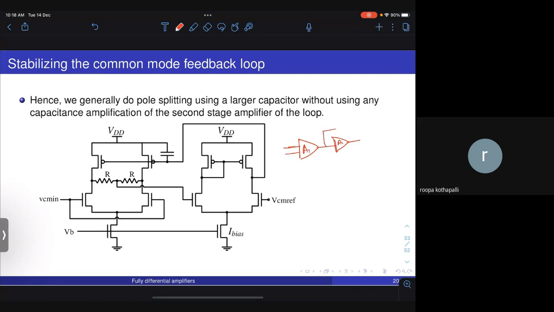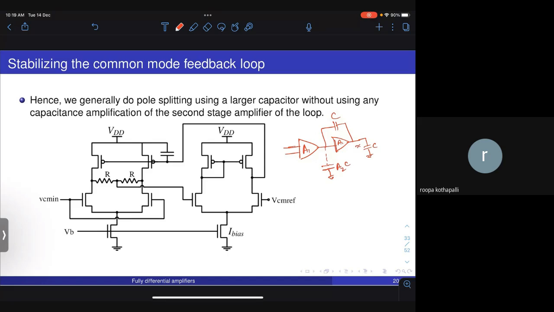Normally for two-stage op-amps we use a Miller capacitor. What a Miller capacitor does is, if I put a capacitor C, it effectively gives you a capacitance of A2 times C here, and something almost equal to C here, which splits the two poles of the op-amp.